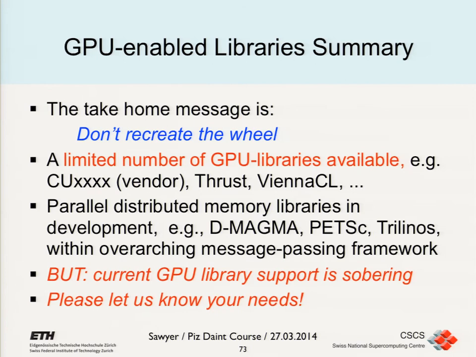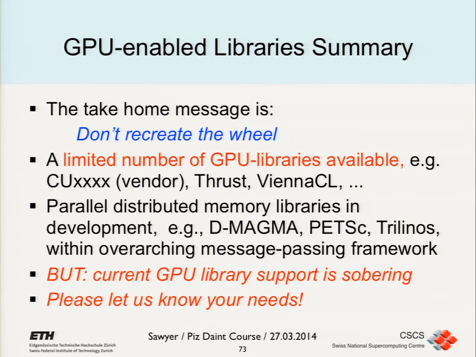There are a limited number of GPU libraries available, right? I mentioned the significant ones, cuBLAS and the others from NVIDIA, Thrust, ViennaCL, etc. As far as distributed memory libraries go, there are some developments for distributed MAGMA. We're still waiting.